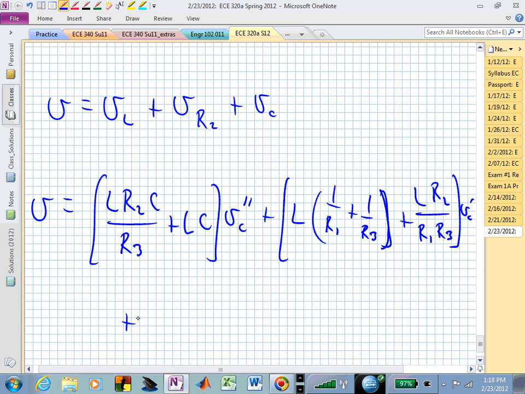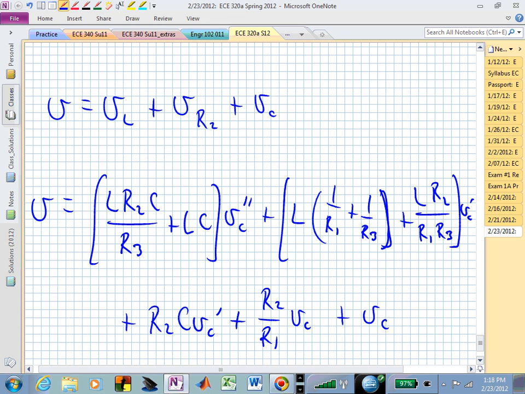Now I need to add in my V sub R sub 2, which hopefully is R sub 2 C V sub C prime plus R sub 2 over R sub 1 V sub C plus V sub C.